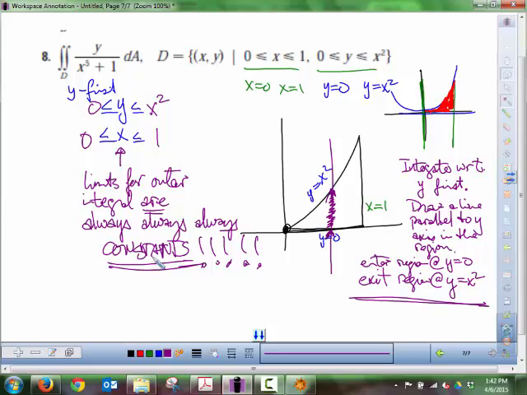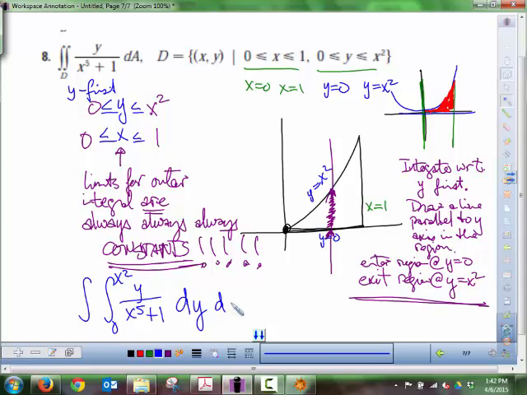All right, so let's just write this integral out first. So my integral is going to be, I'll start with writing my function y times x to the 5th plus 1. And we decided we're going to integrate with respect to y first on the inside. And our limits for y are 0 to x squared.